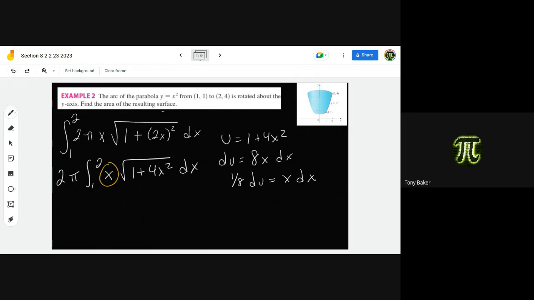All right, so I have my 2 pi, 1 to 2. The x is gone. I have 1/8 left over here, and I'm just going to do u to the 1/2 du. So it's the integral of u to the 1/2.